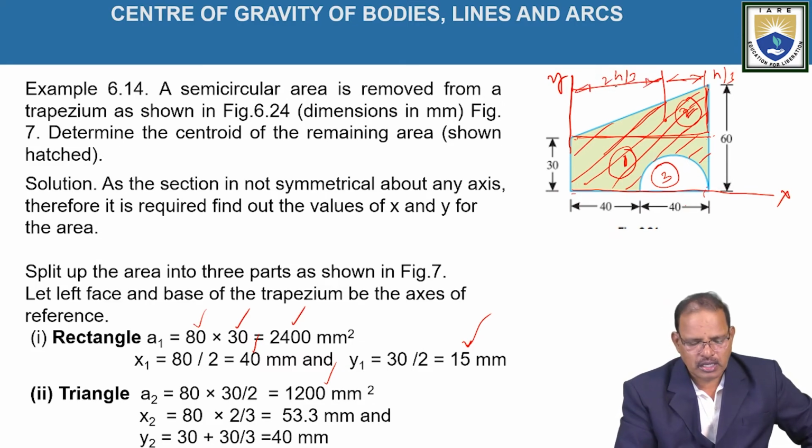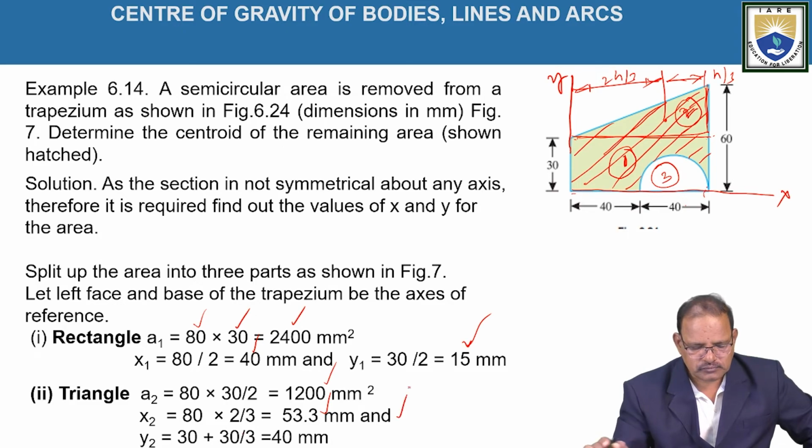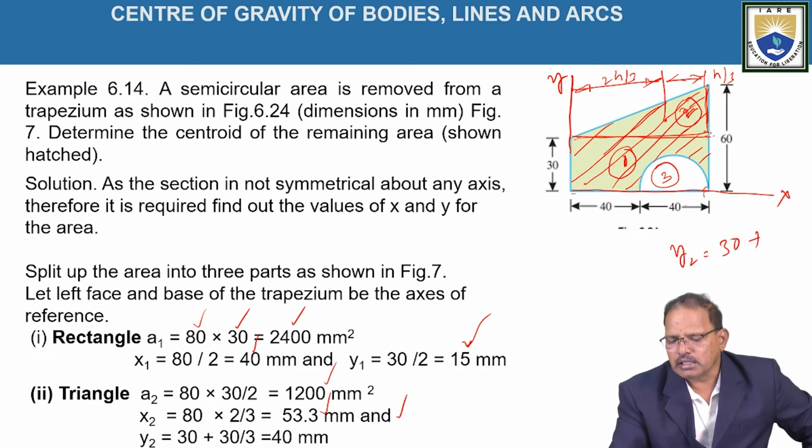Hence x2 is equal to 80 into 2 by 3 into height, which is equal to 53.3 mm. Similarly, y2 is equal to 30 plus h by 3, where the height is given as 30 mm, that is 30 divided by 3, which is equal to 40 mm. That is y2.